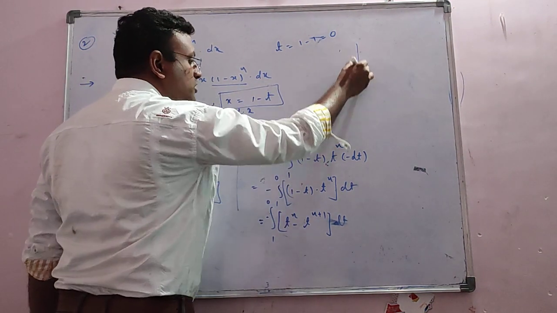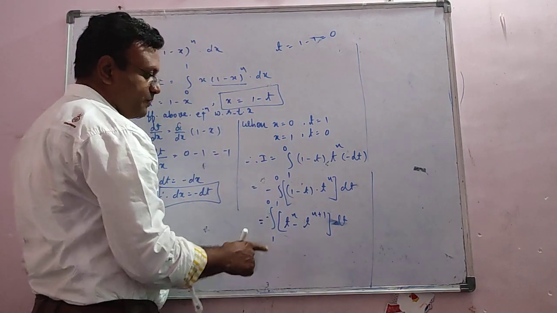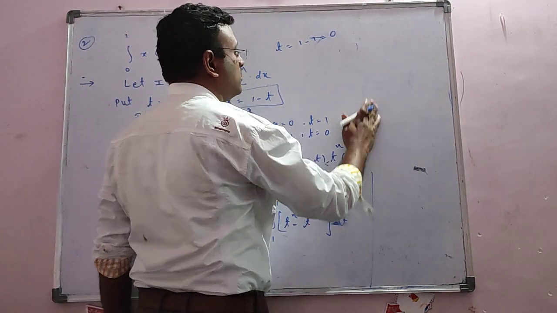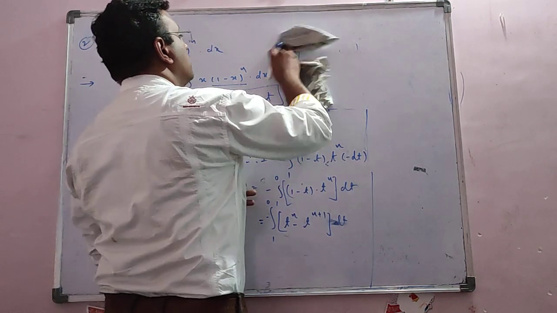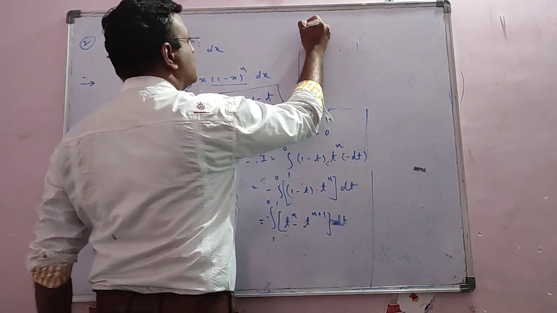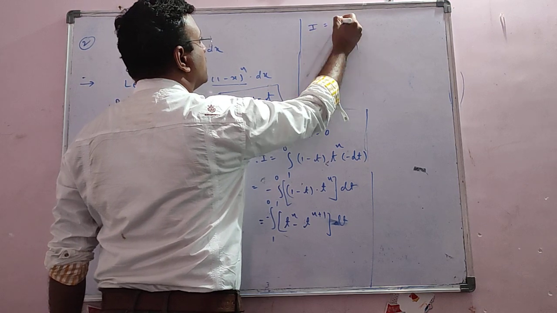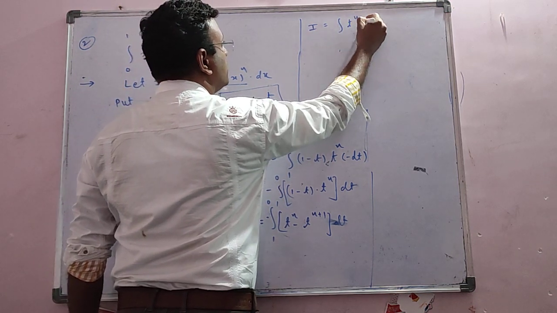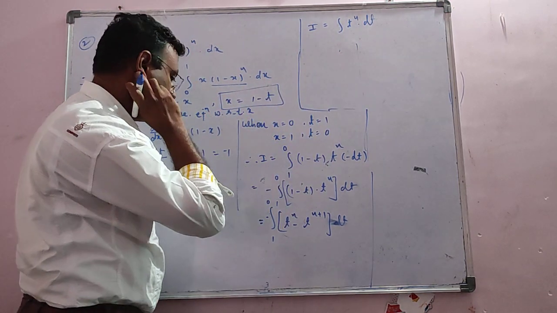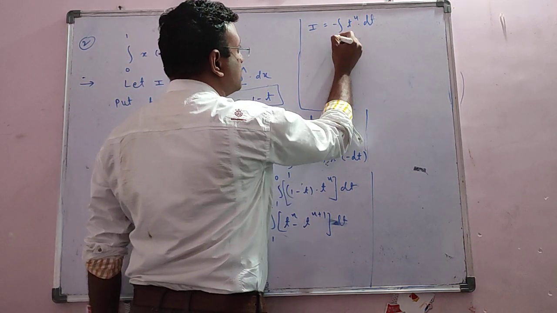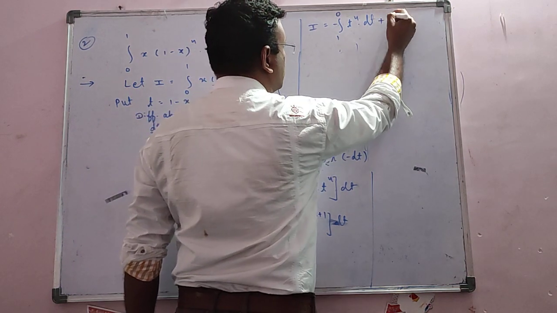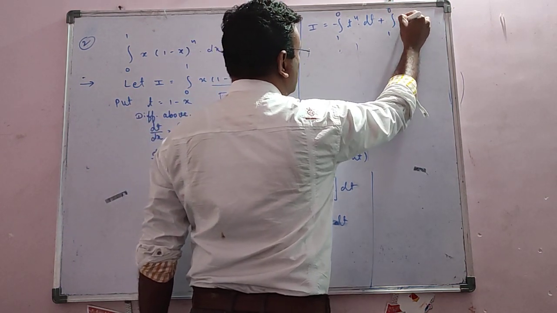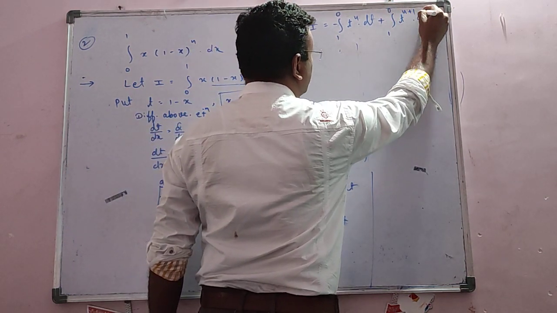Now first of all, I is the integration of t raised to n dt, minus the integration from 1 to 0 of t raised to n plus 1 into dt.